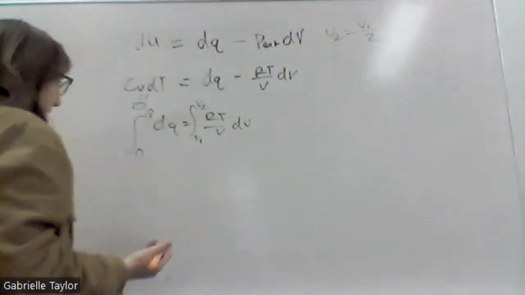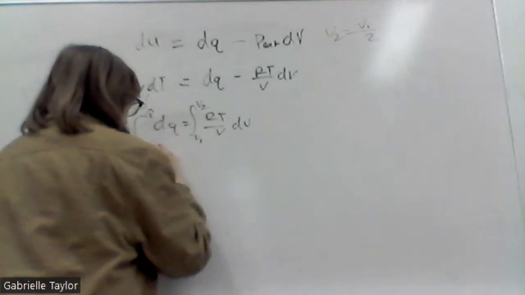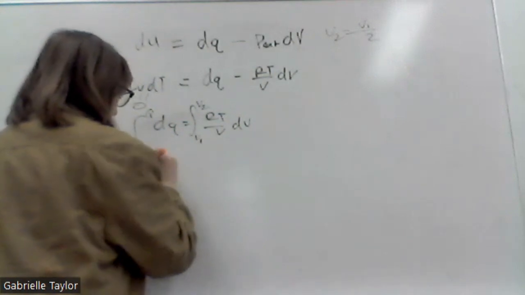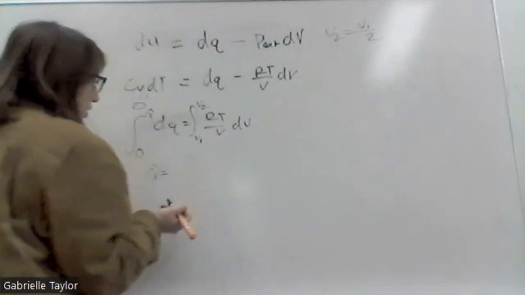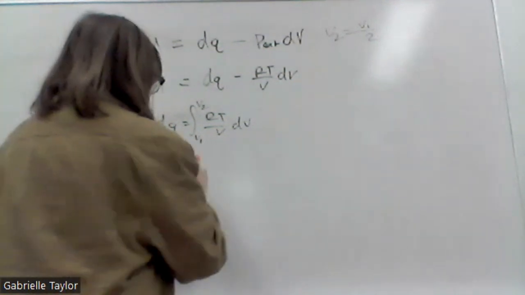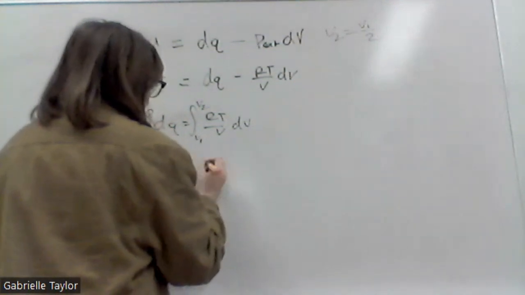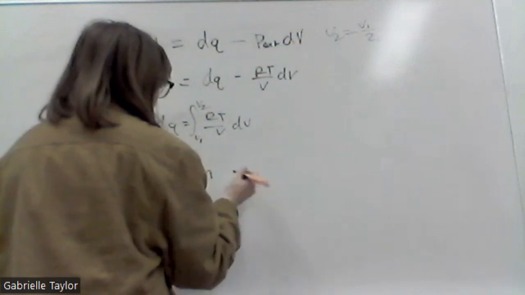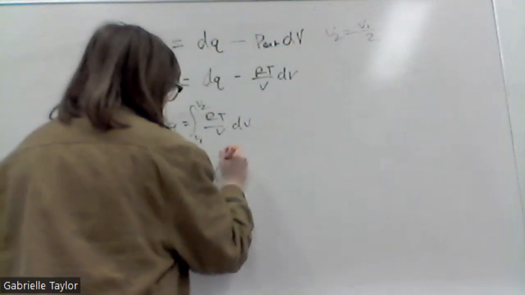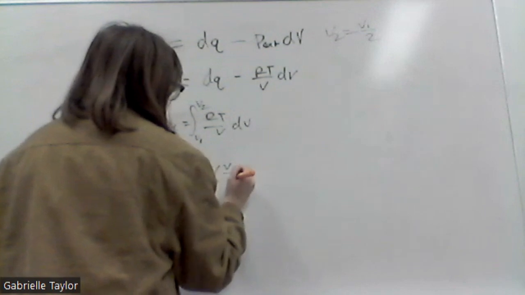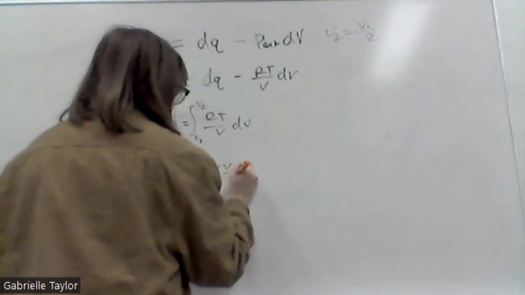Okay, so now let's integrate. So this is going to equal Q, and then RT is going to come out, and then we have ln of V2 minus V1.